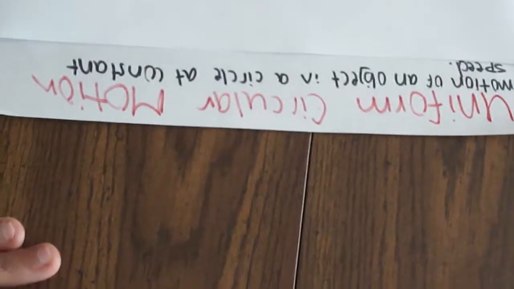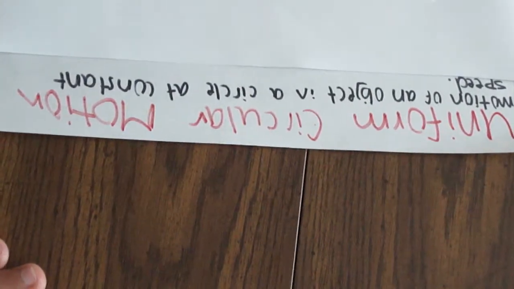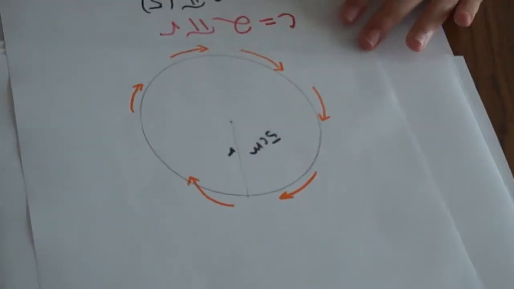Let's go over the terms again. Uniform circular motion. Motion of an object in a circle at constant speed. Tangential velocity.